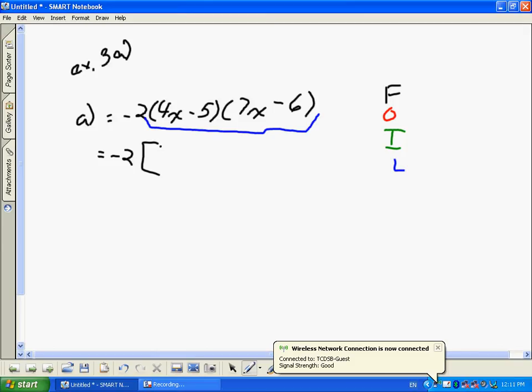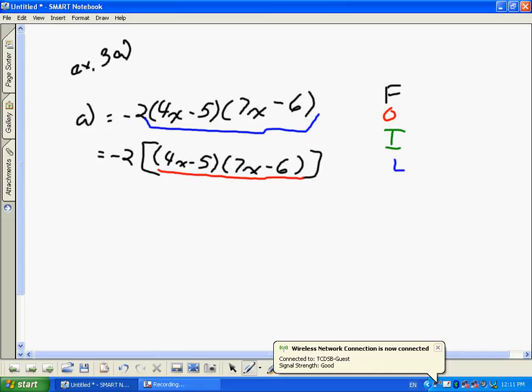So, square set of brackets, 4x minus 5, 7x minus 6. This square set of brackets, according to BEDMAS, lets us know that I'm dealing with all of this first, okay? These are brackets within the brackets. Don't really worry about that. But it's just letting us know that I'm dealing with this first, then we're going to deal with this negative 2 on the outside. That'll be our last step, okay?